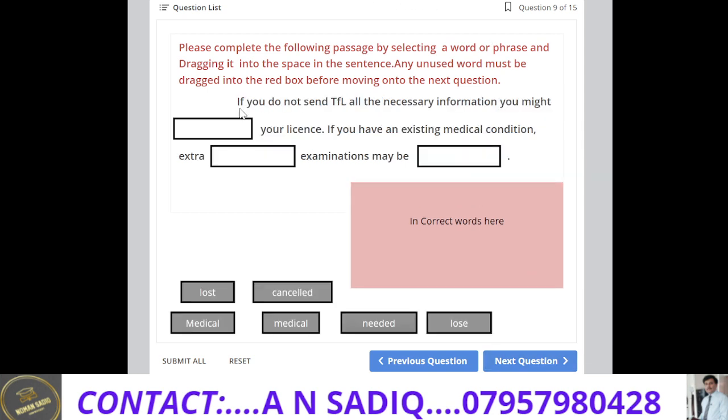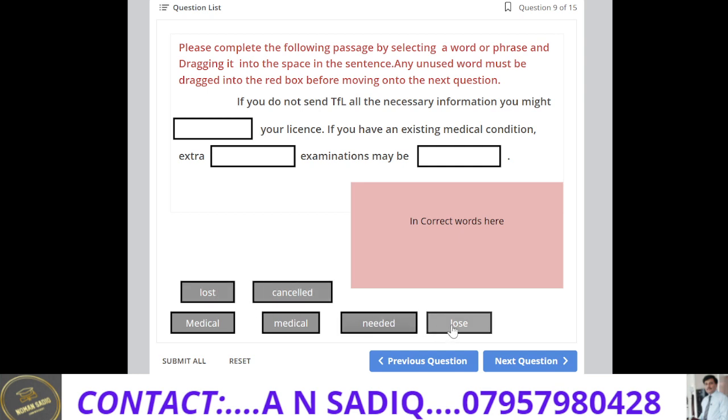It says, if you do not send TFL all necessary information, you might gap your license. If you have an existing medical condition, extra, again there is a gap, examinations, maybe, again there is a gap. So if you do not send TFL all necessary information, you might, one word is lose and the other is lost.